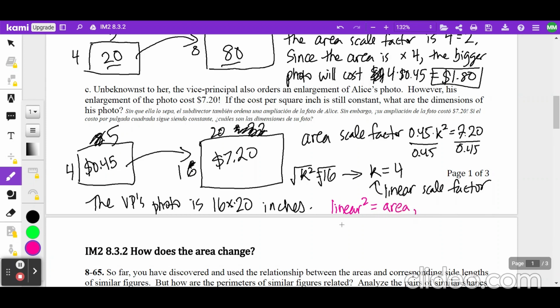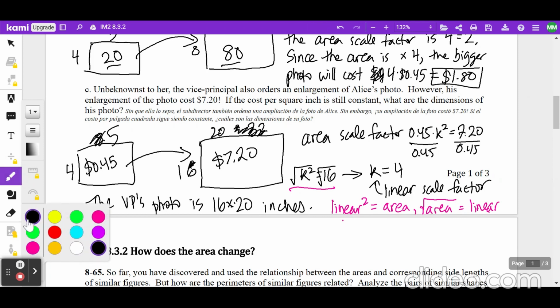And by the same token, the square root of the area is the linear scale factor. So I represented this here as the square root of k squared equals the square root of 16, and k is 4. That's just going backwards. That's starting with the area and getting the line by taking the square root instead of starting with the line and squaring it to get area. These are opposite operations. They're inverse operations, and they undo each other.